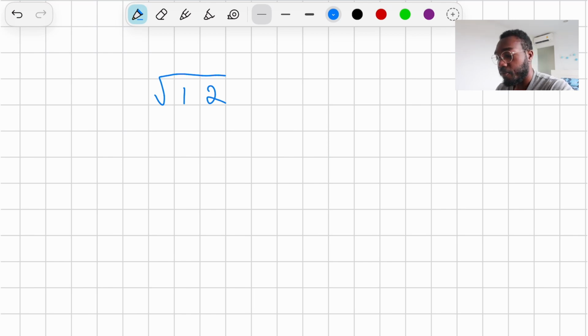Well, very simple. What we want to do is go through the factors of 12 and try and think of if there are any square number factors, okay? Square number factors of 12.